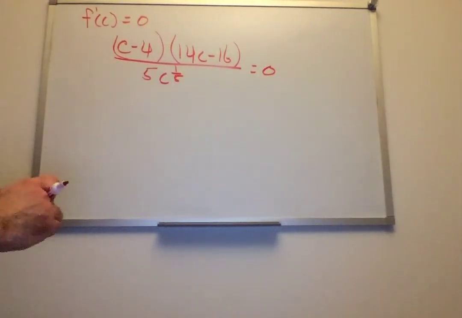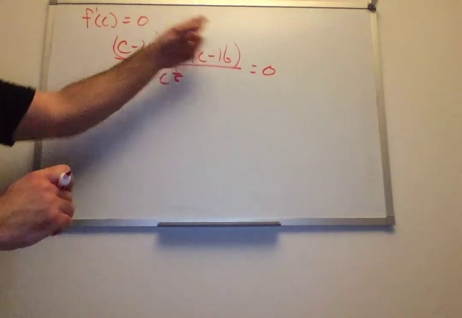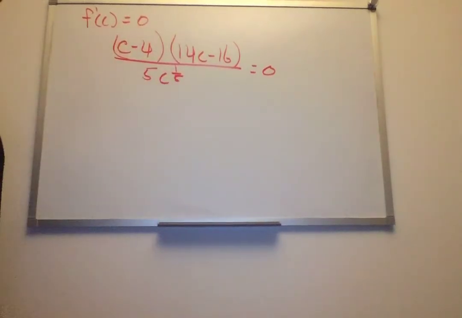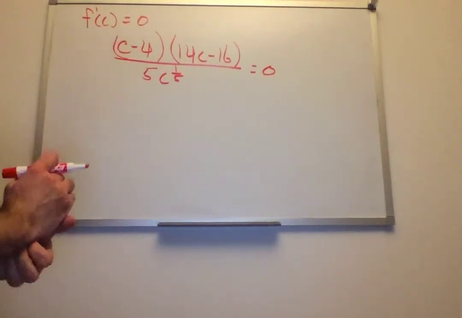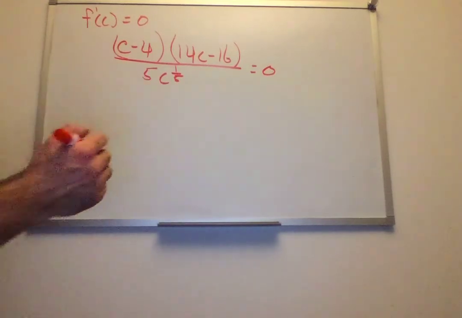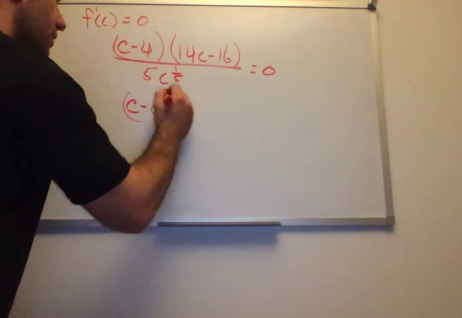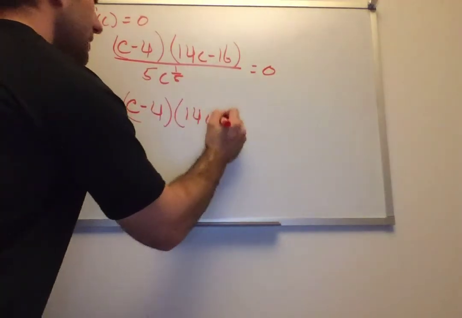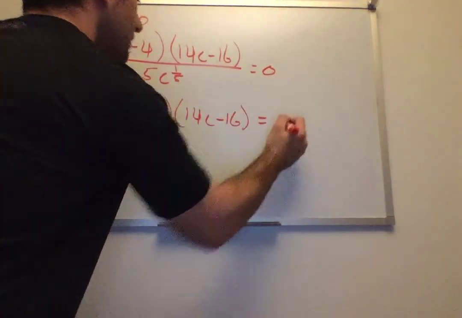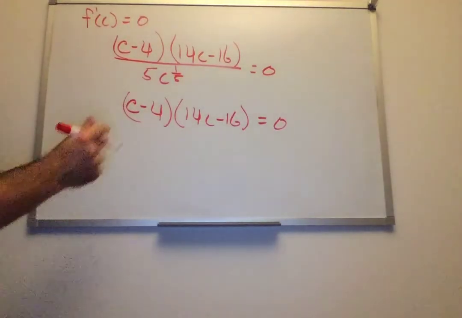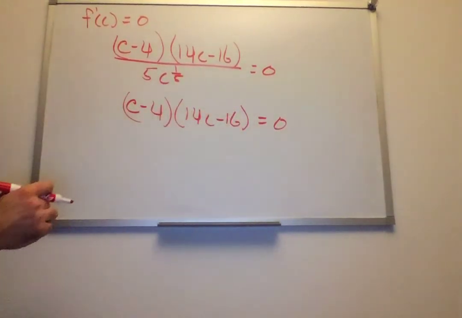Alright, well, the only way that this fraction could be 0 is if the numerator is 0. So we could completely ignore the denominator. So (c minus 4) times (14c minus 16) is equal to 0. And now we just set each piece equal to 0 and solve.